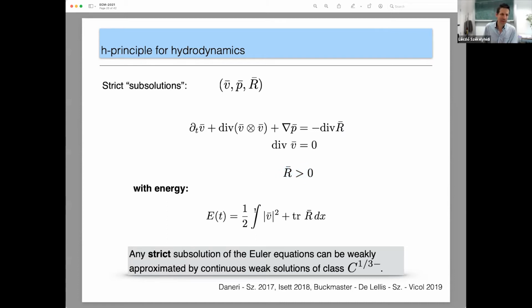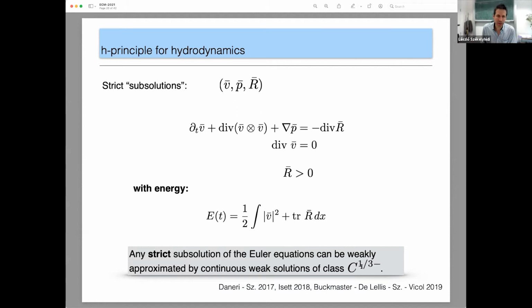Then the total energy of the turbulent fluid, if you add back the fluctuation, should be something like this: the kinetic energy of the mean flow plus the kinetic energy of the fluctuation. And it turns out that any strict subsolution of the Euler equations can be weakly approximated by continuous weak solutions of the Hölder class 1/3 minus epsilon.